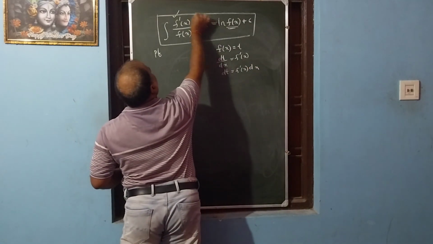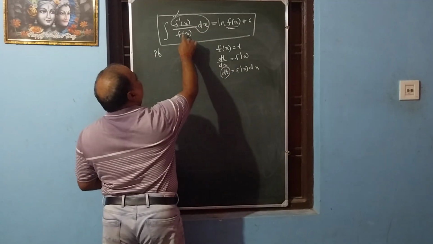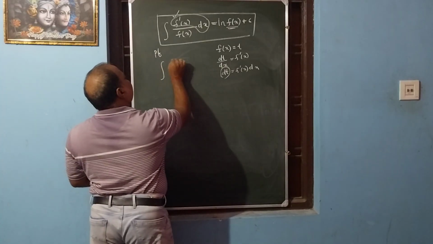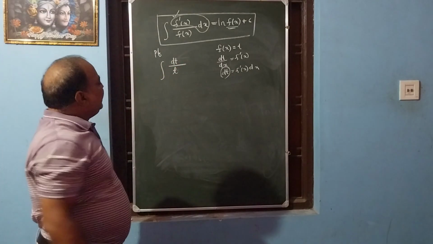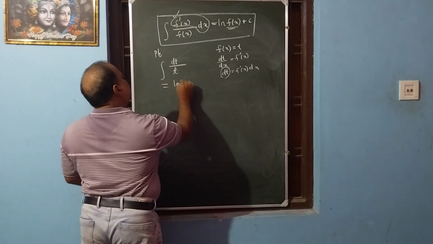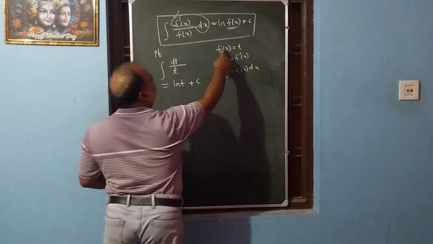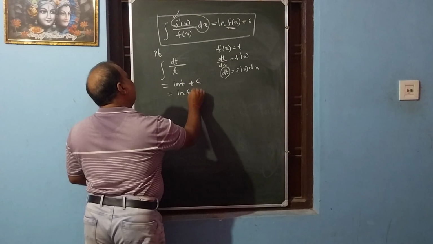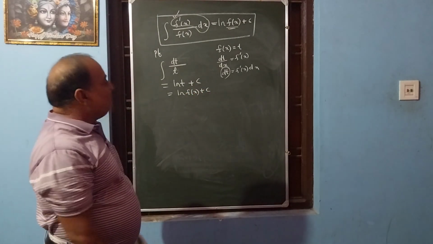In place of f dash x dx, we have to put dt. In place of f x, we have to put t. So we get dt upon t. So dt upon t integration is ln t plus c. Then you have to put f of x in place of t. That is ln f x plus c. Okay? You have to remember.